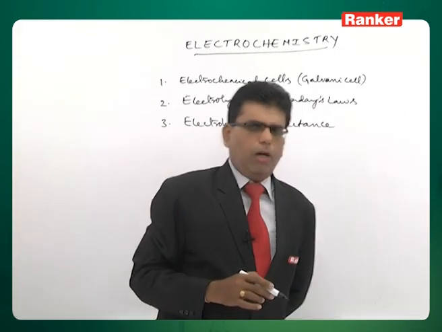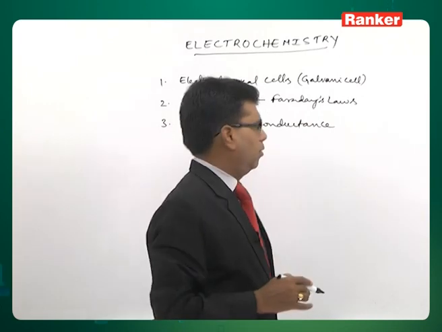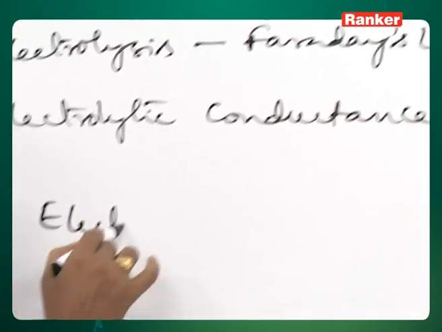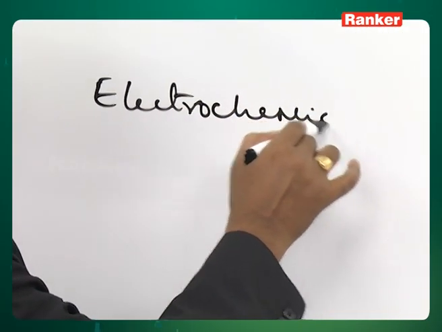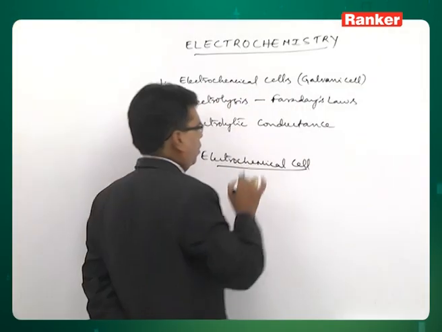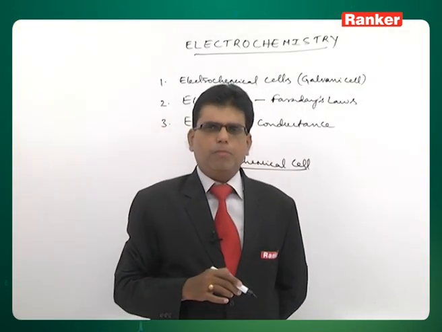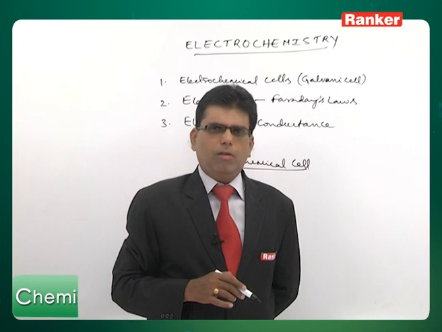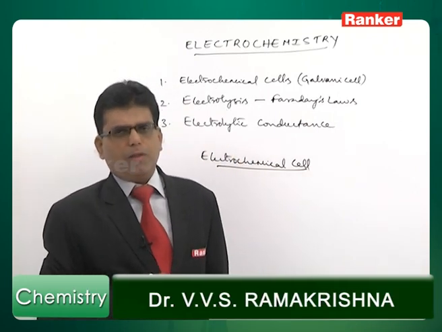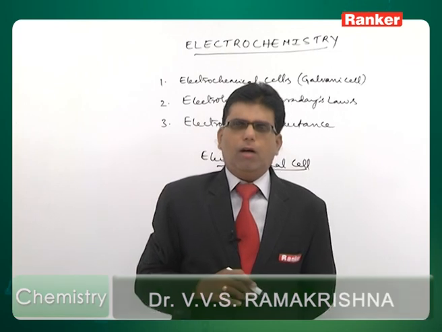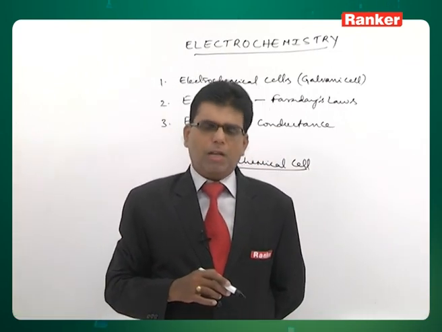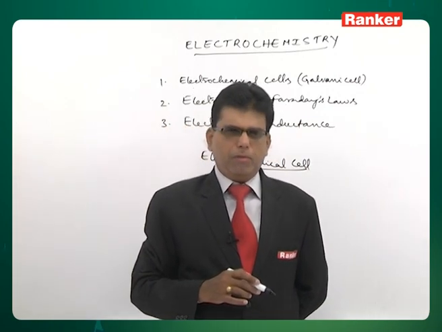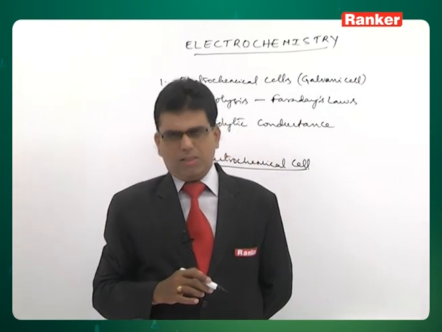Out of the 3, in our present discussion, first we will look at the electrochemical cells. In the electrochemical cells, the main topics are: what is an electrochemical cell, what is the principle involved in the electrochemical cell, how to construct an electrochemical cell, how to measure the EMF, and how to calculate EMF for any given type of galvanic cell.